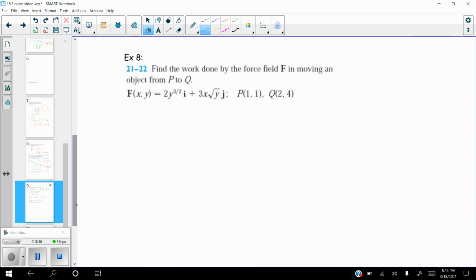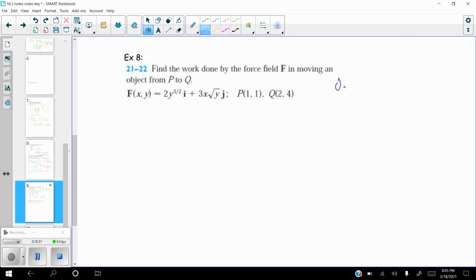All right, find the work done, which is the line integral, by the force field F in moving an object from P to Q. So from one point to the other. So again, first thing we want to check is, is this conservative? If not, we have to go back to 7.2 and do the long line integral, which is probably more difficult.